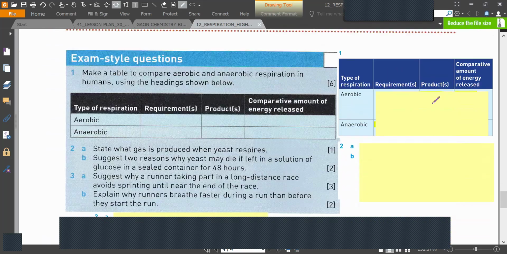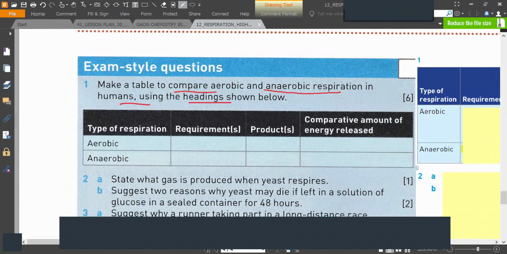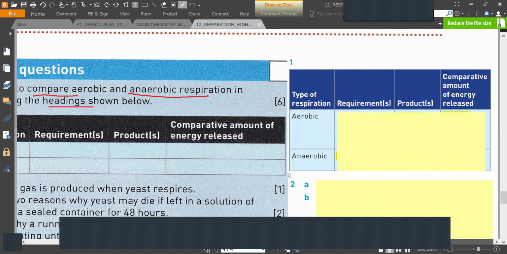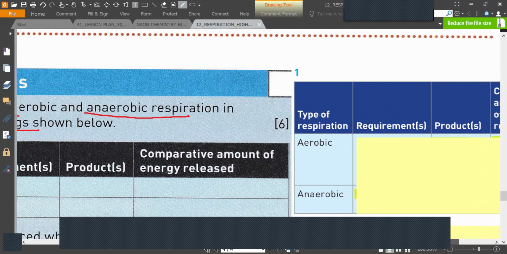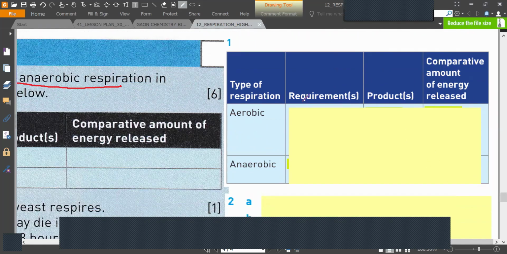Exam style questions. Make a table to compare aerobic and anaerobic respiration in humans using the headings shown below. Let's take a look at the table. This is our table. What we need to compare are the aerobic and anaerobic respiration requirements.